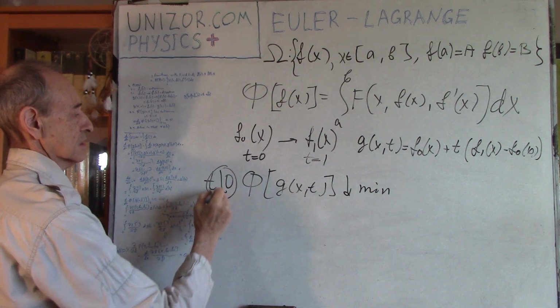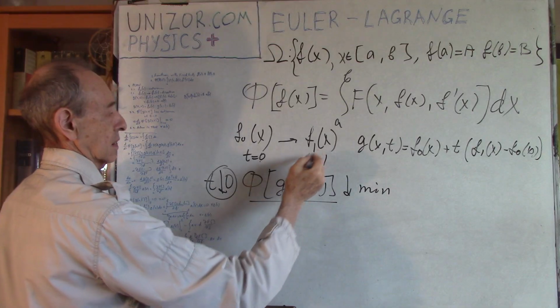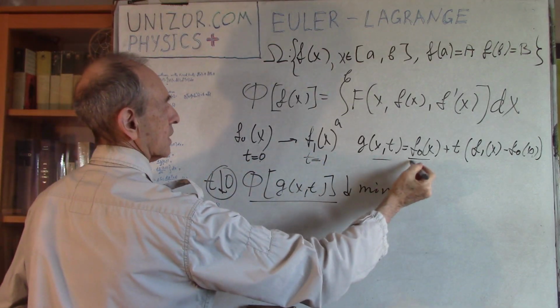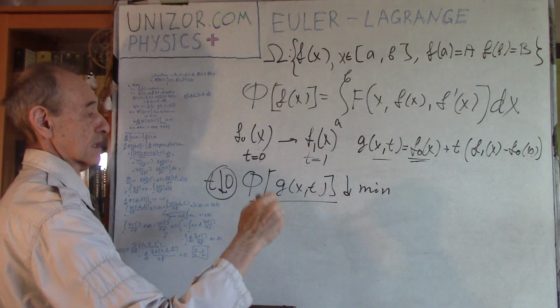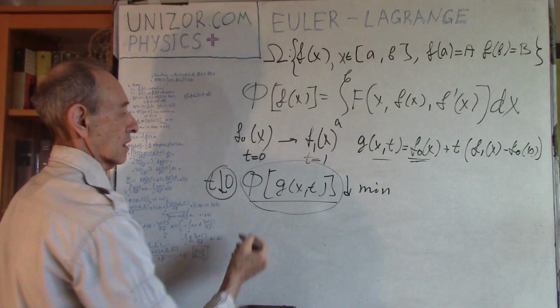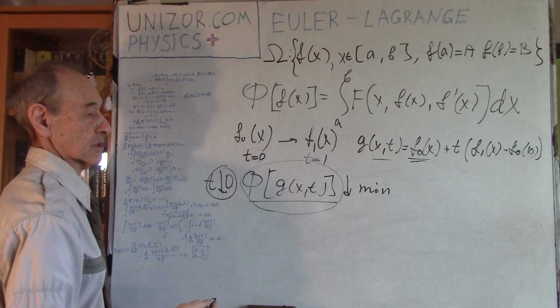If t is going down from 1 to 0, my function g would be closer and closer to just the function f0, where it's supposed to be a minimum. So that's why this is reaching a minimum as a function of t if t is equal to 0.